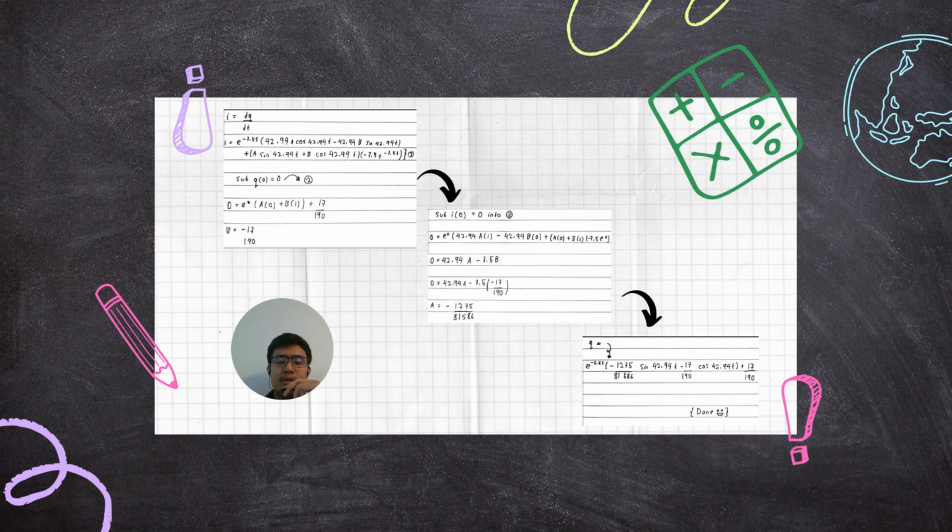Next, substitute Q(0) equal to 0. This is the initial condition from the question.